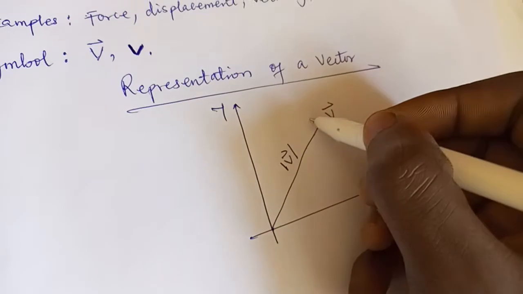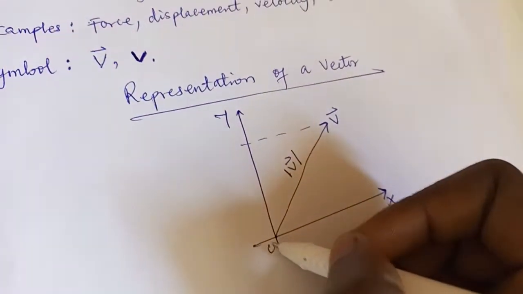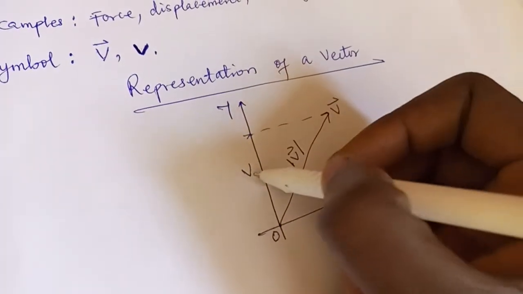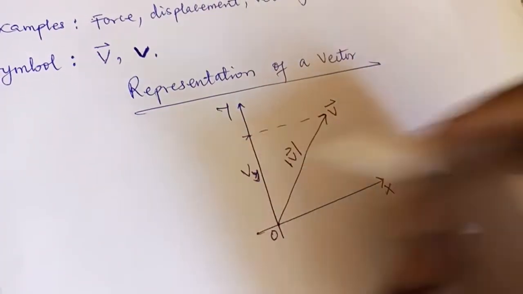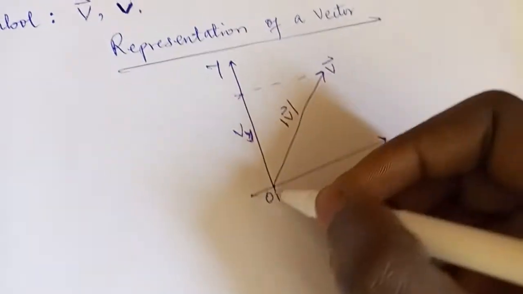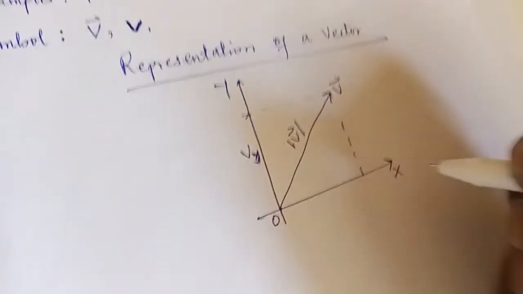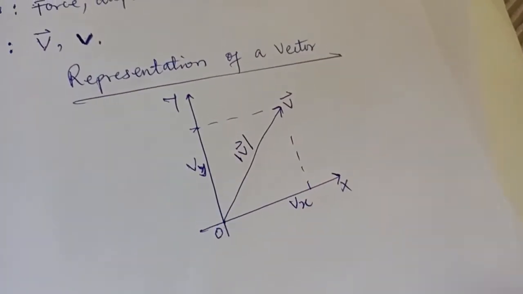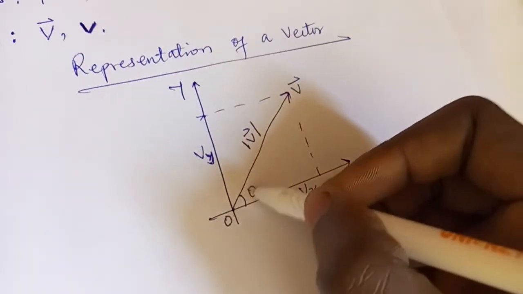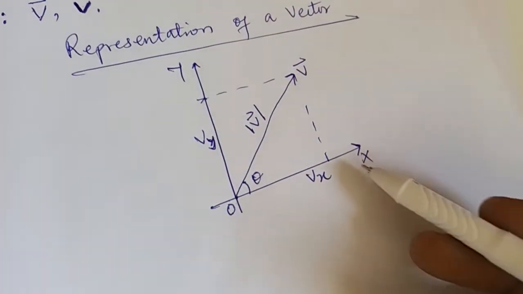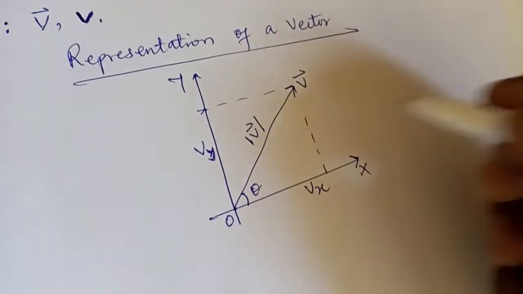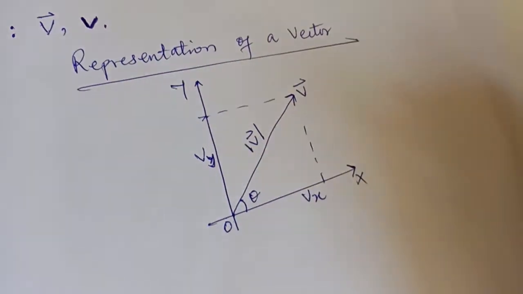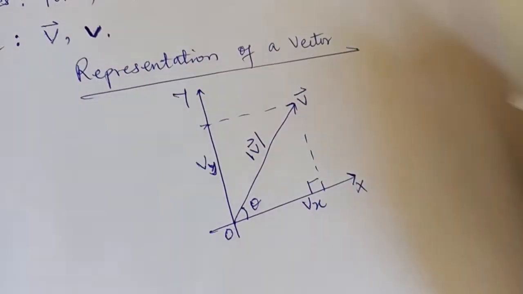And the components of the vector: from this point O, the origin, to this point will give you the vertical component of the vector, vy. And from this point to this point will give you the horizontal component of the vector, vx. This vector v makes an angle theta with the x-axis, and from point O to vector v, to this vx, is a right angle triangle.